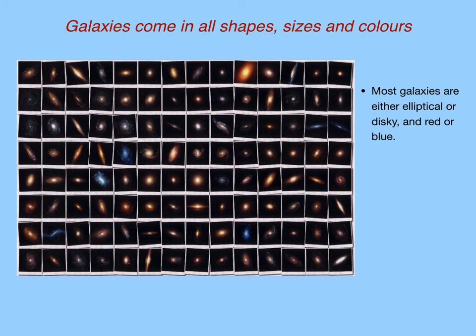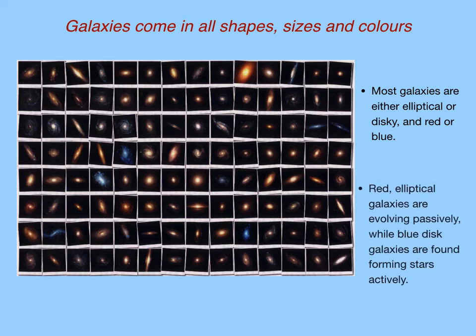So, all galaxies in the universe can be classified into three categories by shape: the red elliptical galaxies, which are evolving passively, and the blue disk galaxies, which can either be spirals or irregulars. So, the spirals and irregulars are kind of flattened galaxies which have two of their dimensions larger than the third one.